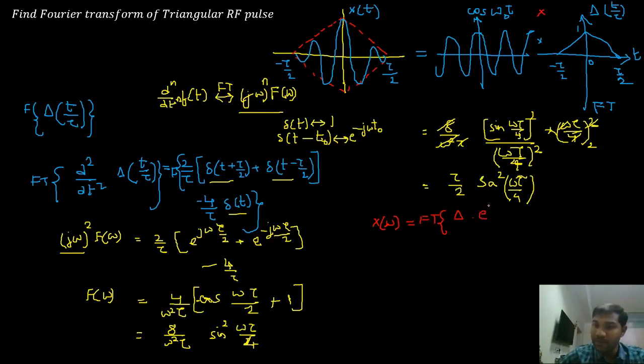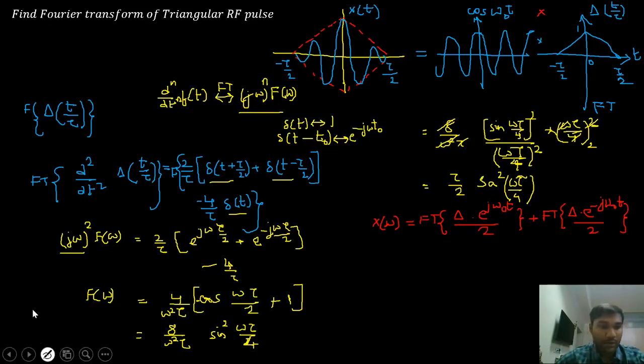So I will separate the Fourier transform here, e power j omega naught t by 2, plus the Fourier transform of a triangular function into e power minus j omega naught t divided by 2, right? This 1 by 2 and here 1 by 2 is a constant, so I can get it outside. Instead of writing here, I can just write 1 by 2 outside.